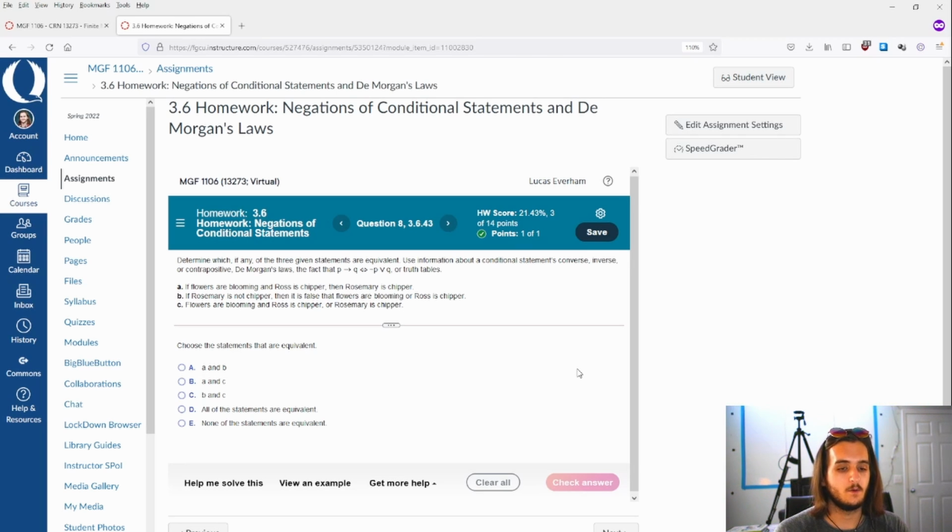For our second part, we have if Rosemary is not chipper, then it is false that flowers are blooming or Ross is chipper. This one's dumb.